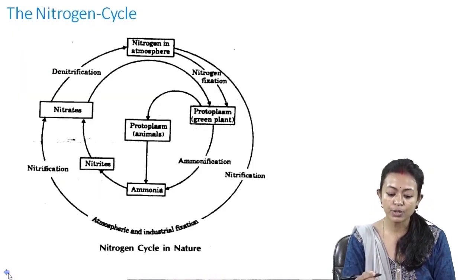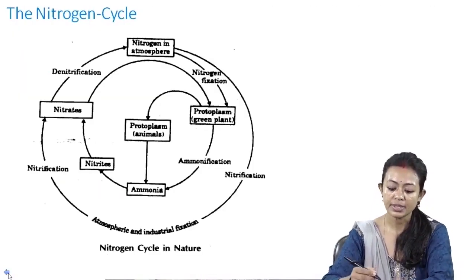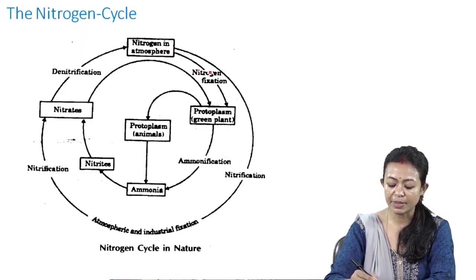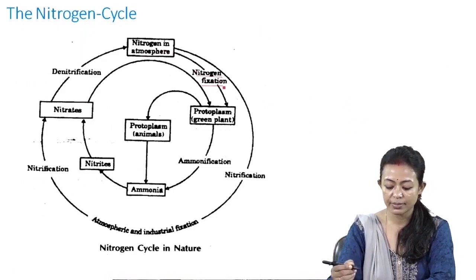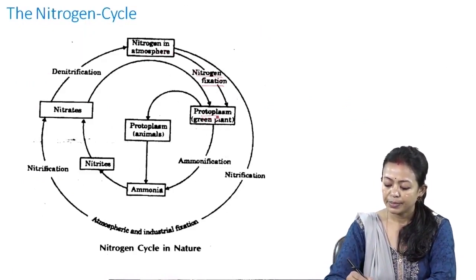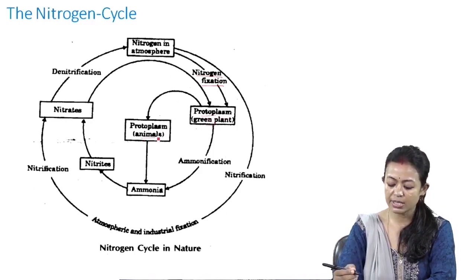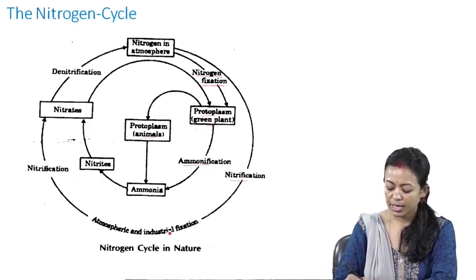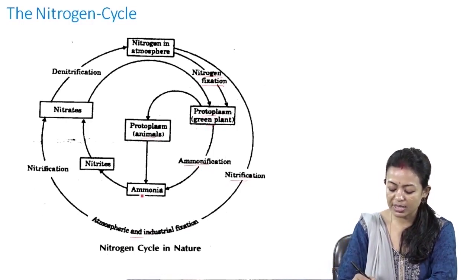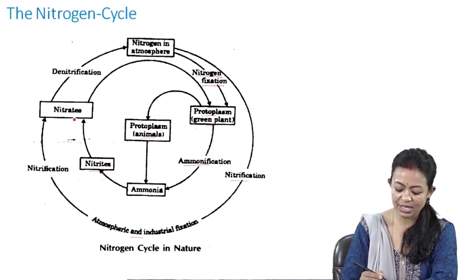If I have to explain it in the figure, nitrogen in the atmosphere is fixed by nitrogen fixation through different sources, by green plants, by animals, by ammonification, by nitrification, by industrial fixation. This ammonia is then converted into nitrites and nitrates.